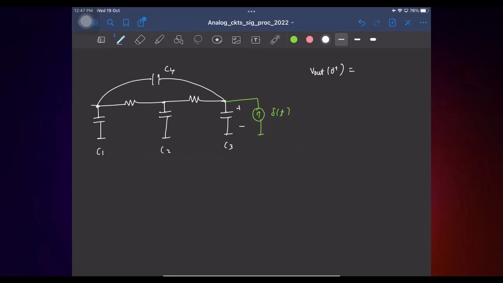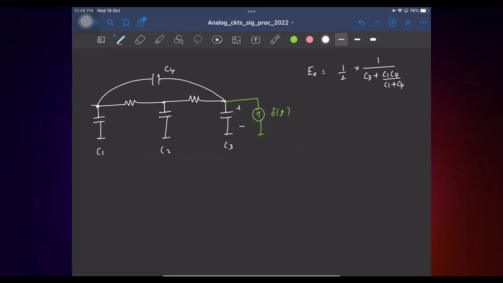C1 in parallel with C3, same thing as before, right? Nothing changes, because at 0 plus we don't consider the resistor anyway. So E0 is going to be the same as before: half into C3 in parallel with the series of C1 and this guy.